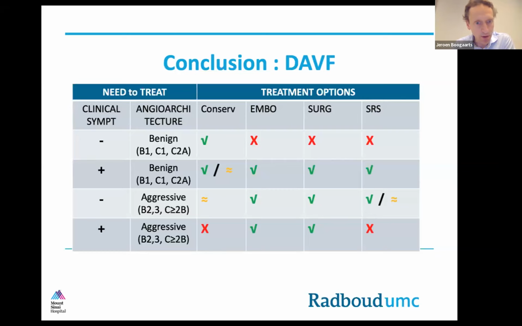In general, we tend to treat the aggressive ones. And I must say we have shifted in the last years mainly to embolization. Nowadays it's rare that we would do open surgery on fistulous lesions. Most of them are treated endovascularly, transarterially or transvenously.